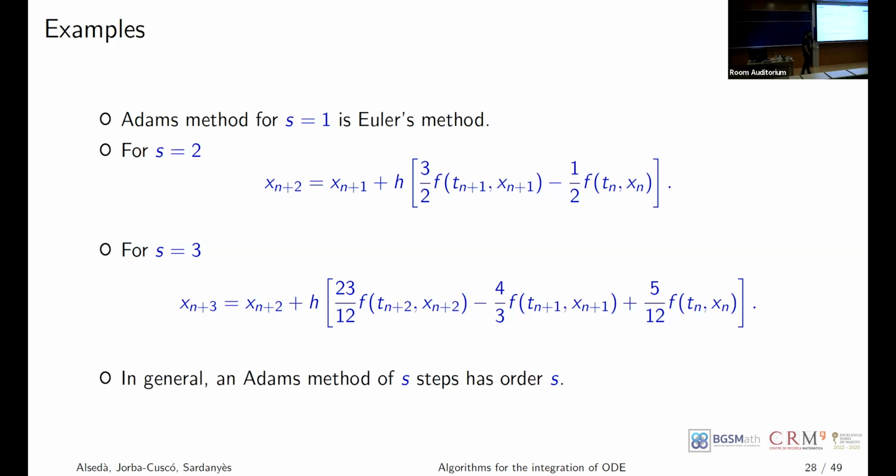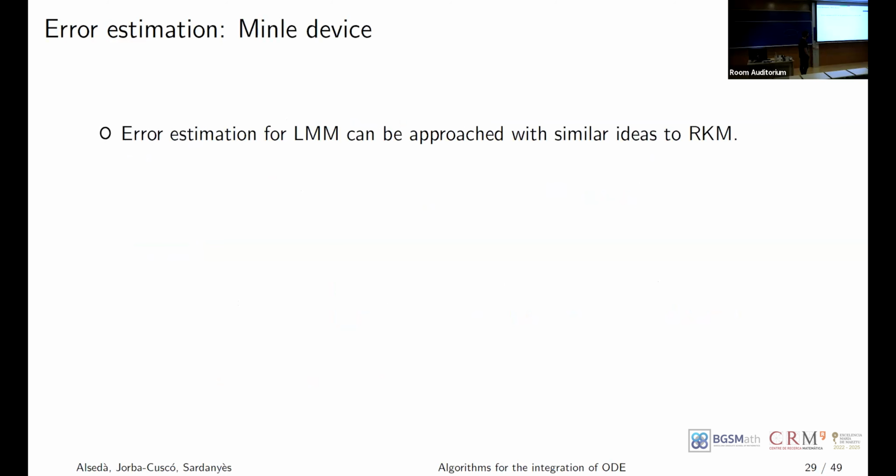So this happens. What didn't happen with the Runge-Kutta methods happens for the Adams-Bashforth methods. It means that if it has s stages, it has order s. So that's another advantage, maybe. But the step size control for Adams-Bashforth methods is a pain.